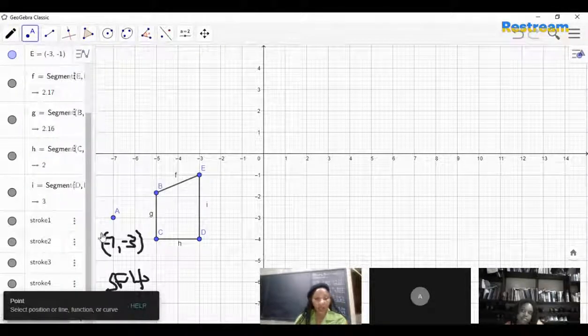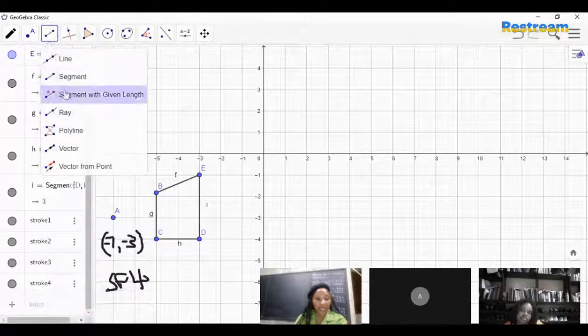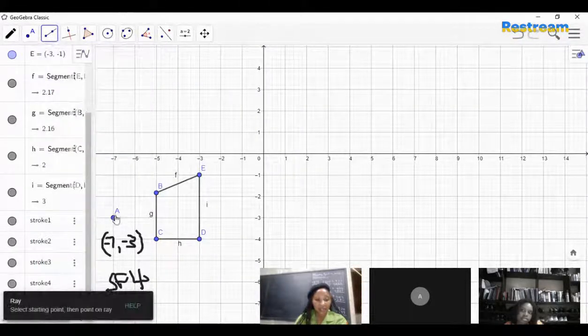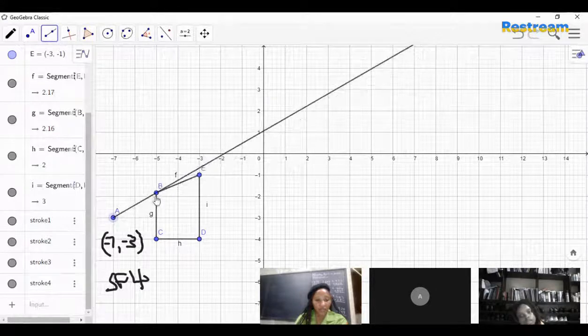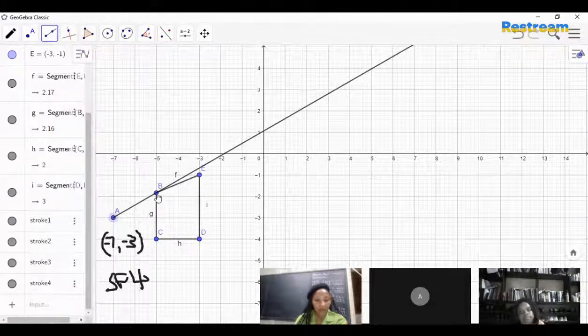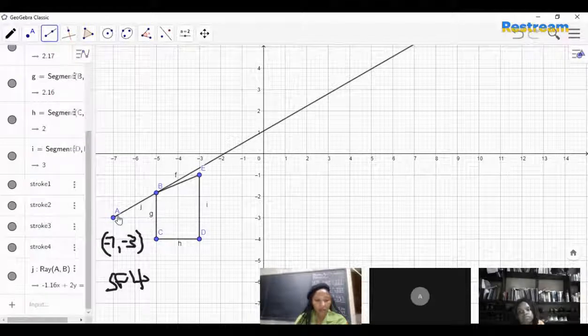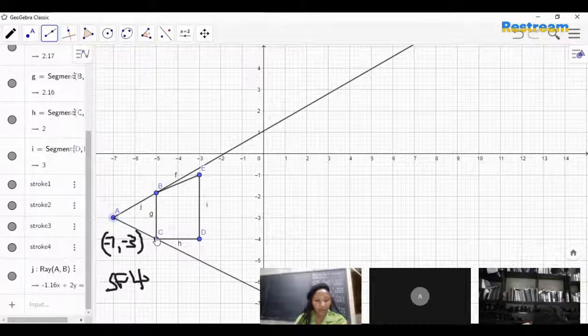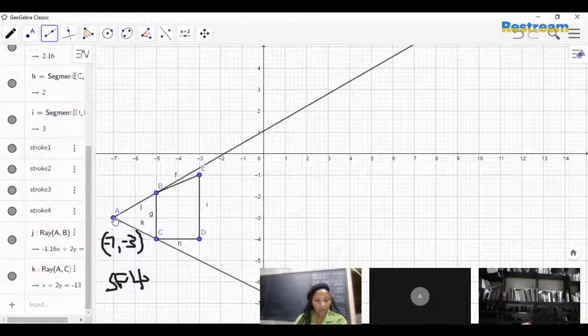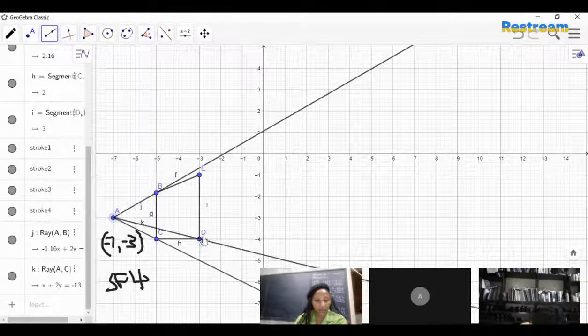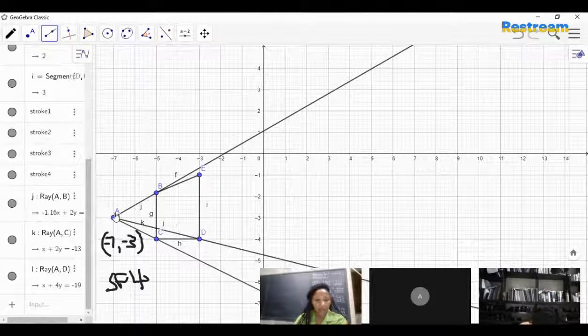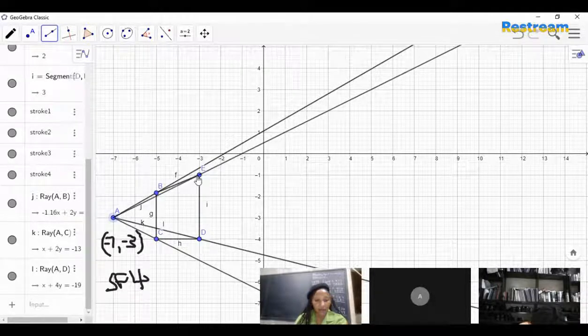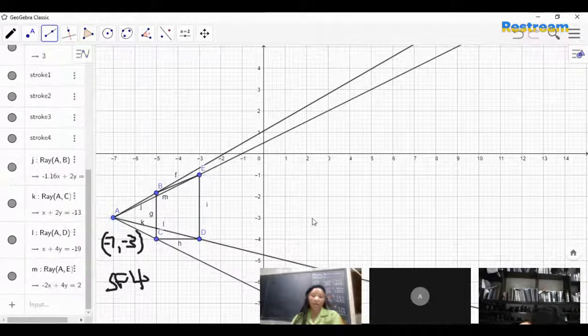All right. So let's put in our rays connecting. So from there straight through here, and from here straight through here, and straight through here, and straight through here. Yes, Miss. All right.